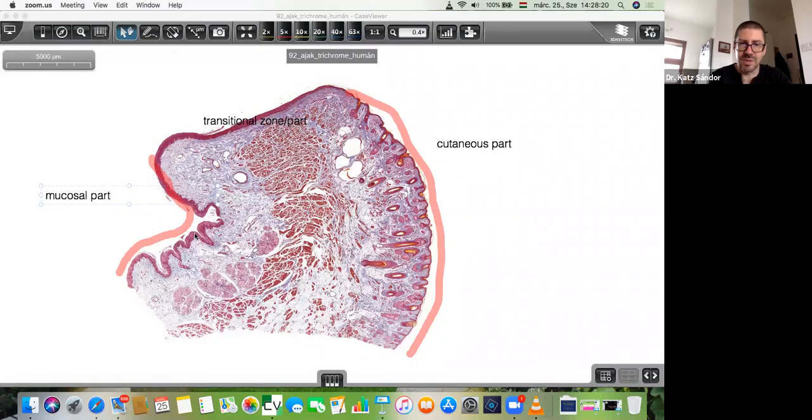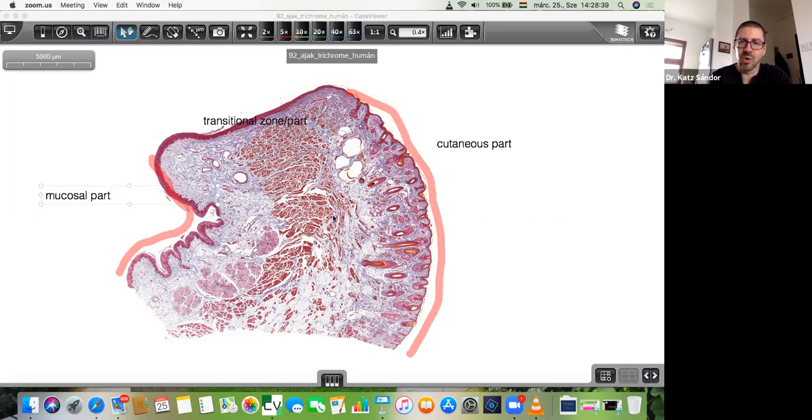On the mucosal surface, we can find stratified non-keratinized squamous epithelium. The others, because of a kind of skin covering, have only stratified squamous keratinized epithelium.